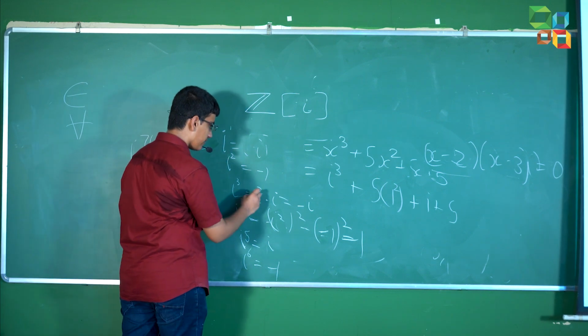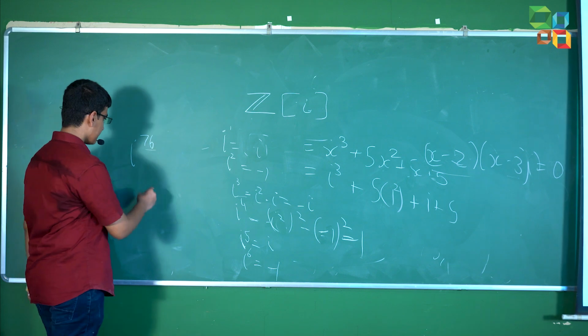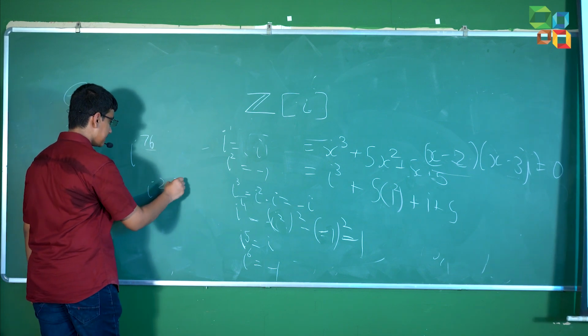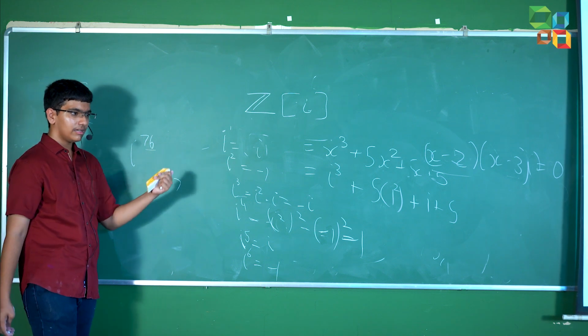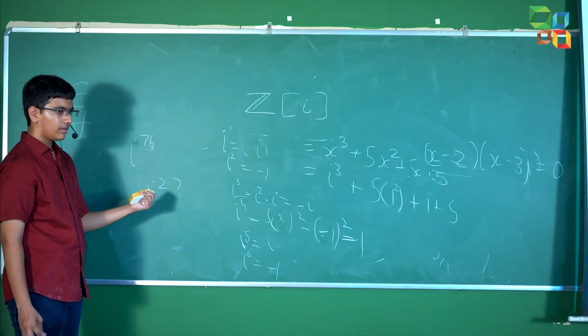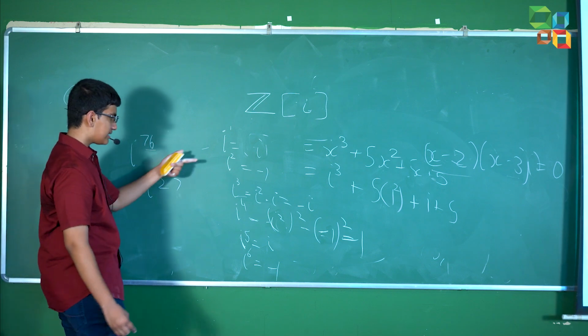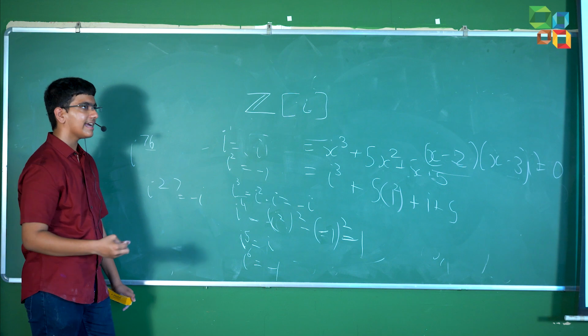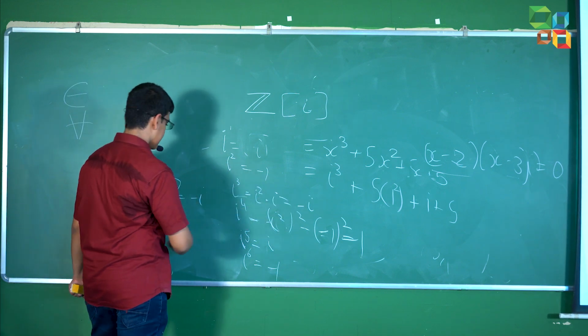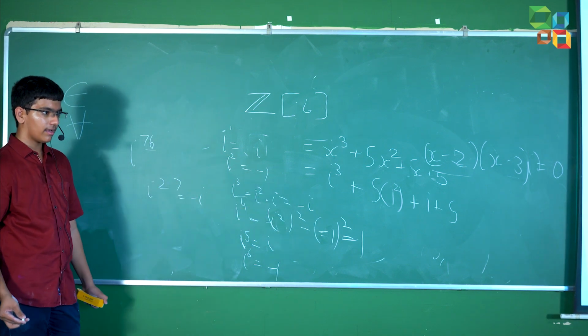So you take i to the power 4, so it's 1. Something random like i to the power 27. What's the remainder when you divide 27 by 4? It's 3. So it's i cubed, which is just negative i. So that way you can find any power of i.